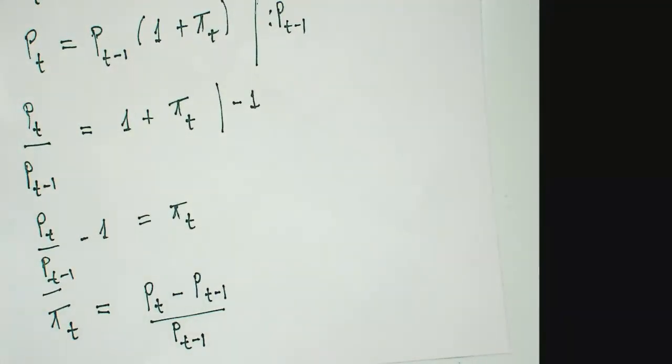So t here indicates the time period. If t is the year 2008, then t minus 1 would be the year 2007. With this, we can move on to identify the inflation rate at each period from 2008 to 2011 by using the information that we have received in the exercise.